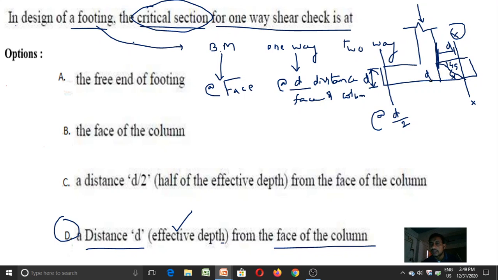When it is 45 degrees, it will form an isosceles triangle, which means this side and this side are both the same. When this is d, this is also d. If you project this point onto this, the distance from the face of the column will be d. Like that, we take the critical section for checking one-way shear in footings at d distance from the face of the column.